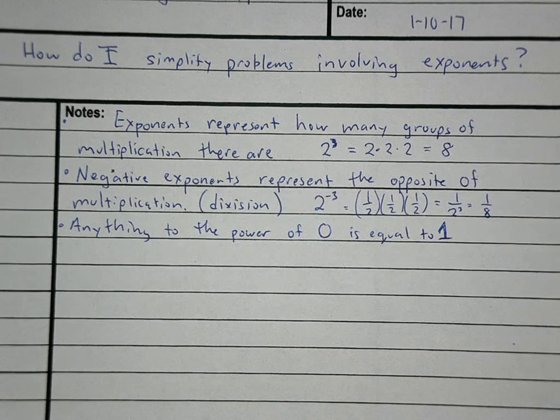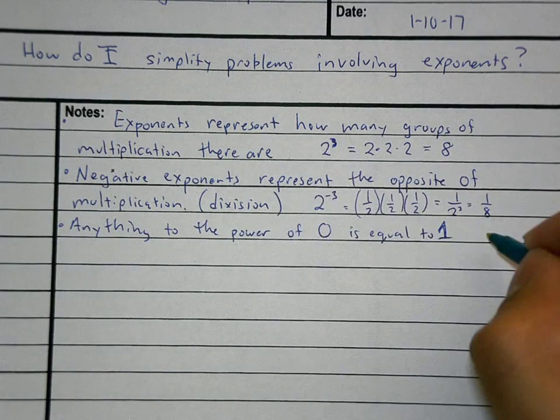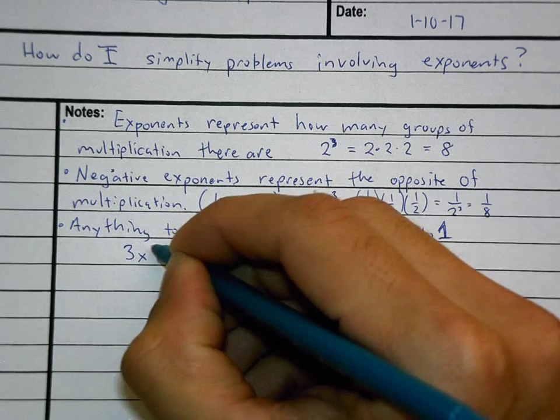So I have this example just to remind you of a couple things. This is my example here. I have 3x to the 0 power.